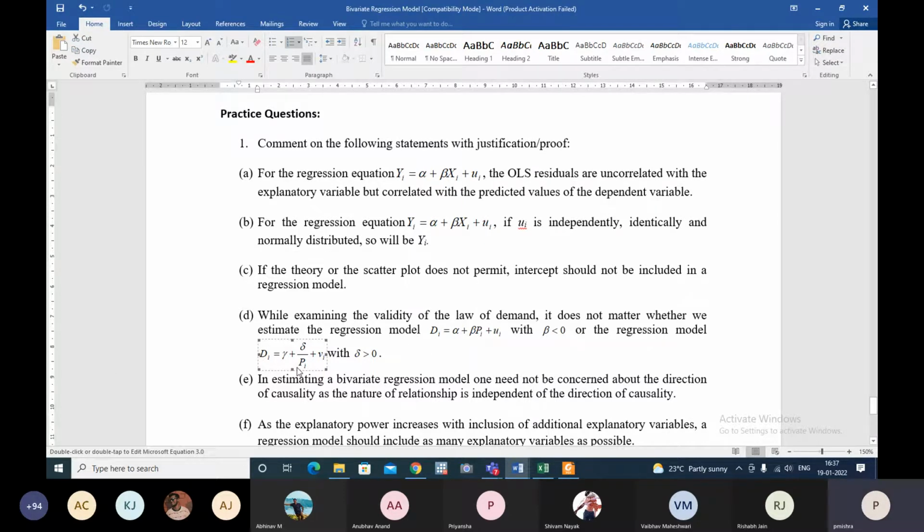And here, what will happen to quantity demanded if price goes up to infinity? Obviously, the conclusion will not be the same in the two cases.